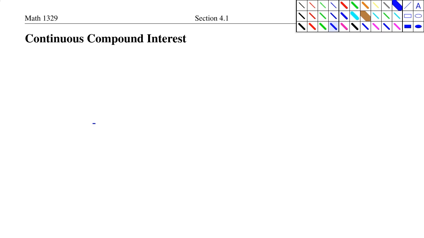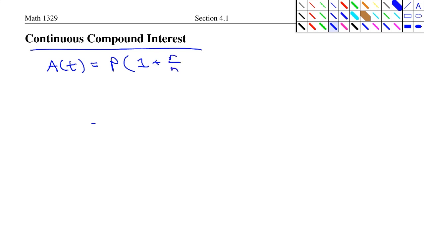So let's talk about continuous compound interest. So I'm going to start with the main compound interest formula. And now we're going to let the n, the number of compoundings per year, go toward infinity.